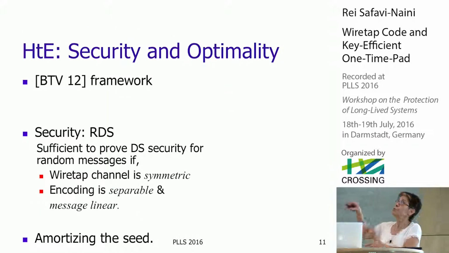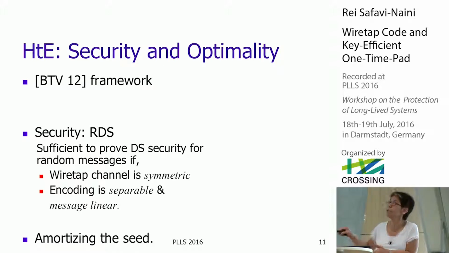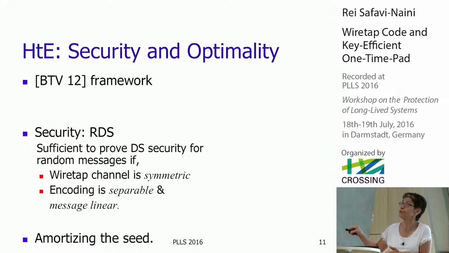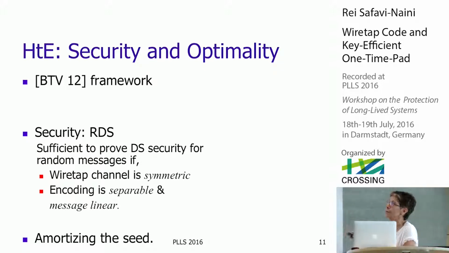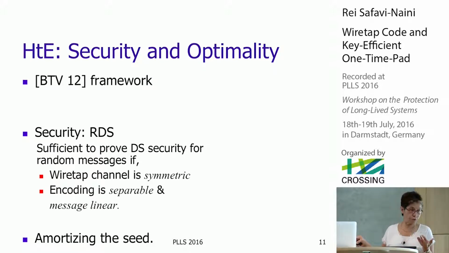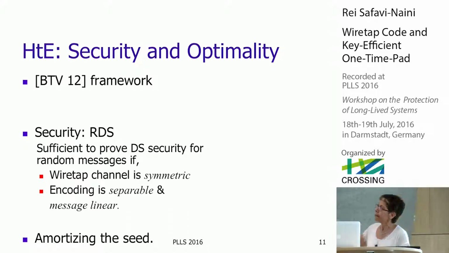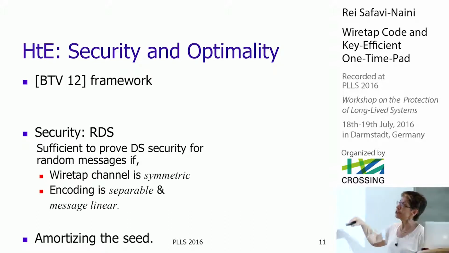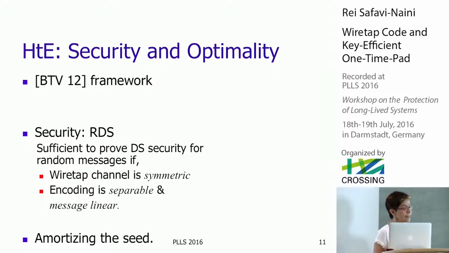To prove security and optimality, we use a framework introduced by Bellare and Vardy in Crypto 2012. Effectively, all we have to show is distinguishability security for uniform distribution, and that's what we do. They showed that if you have this property, under these conditions, you will have semantic security.